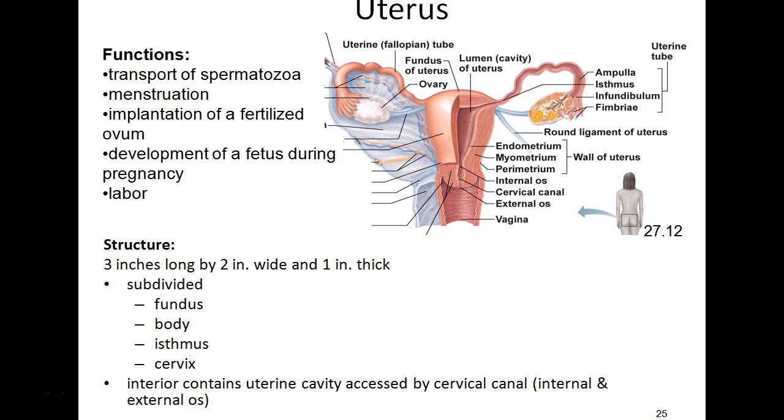And as mentioned earlier, at this uterus, we get the implantation of the fertilized ovum. That means this tissue is highly vascularized, ready to bring in oxygen and nutrients to the developing offspring. And of course, this is the region of the development of the fetus during pregnancy. And finally, when it's time to give birth to the offspring, labor contractions happen in this uterus.